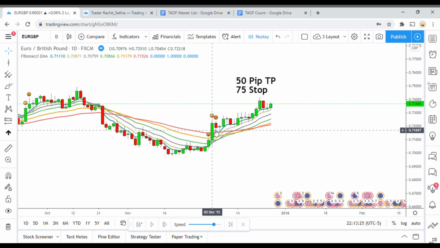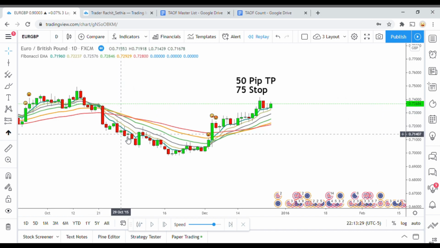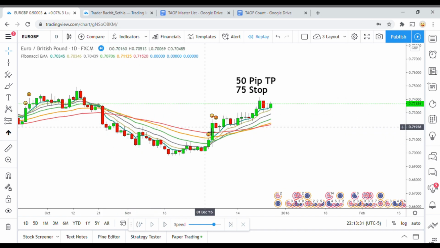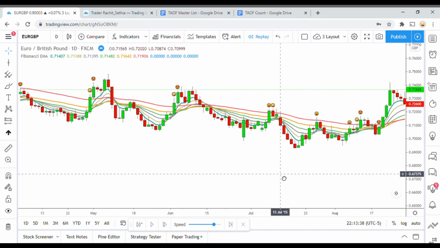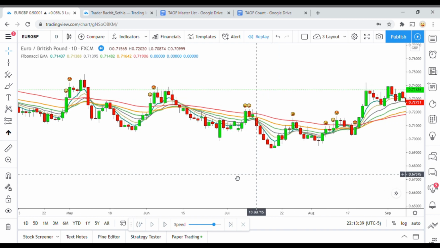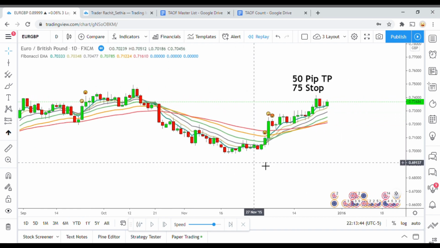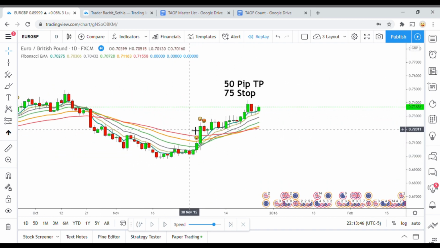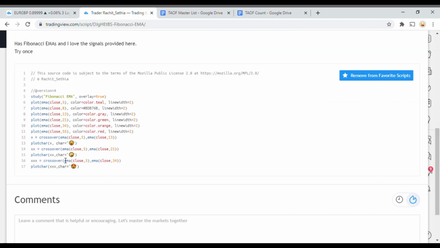And to make things even stranger, for some reason over here on the switch to a downtrend, smiley faces didn't appear. So kind of strange.